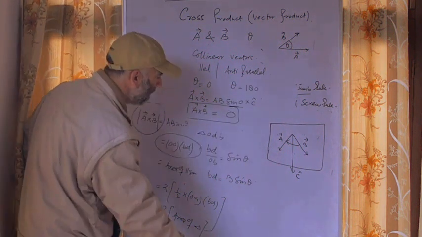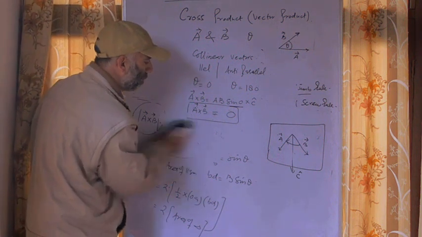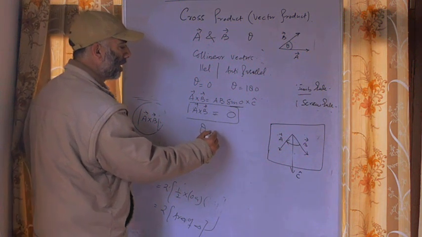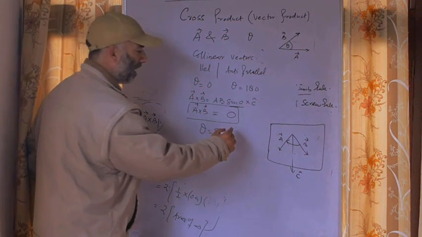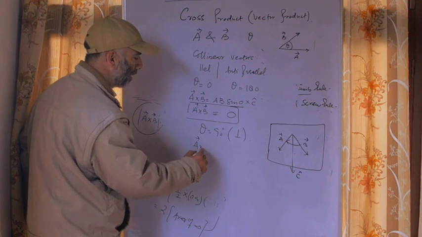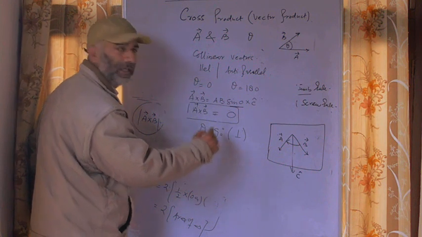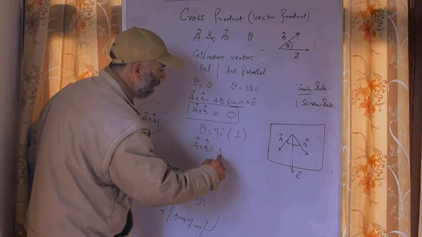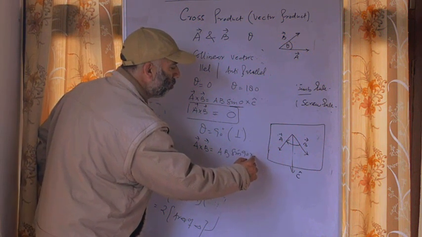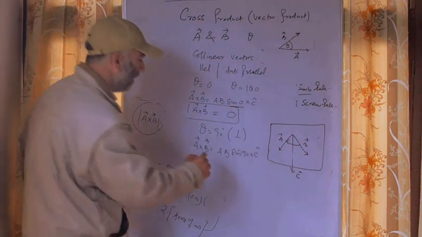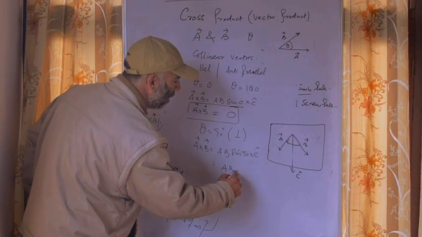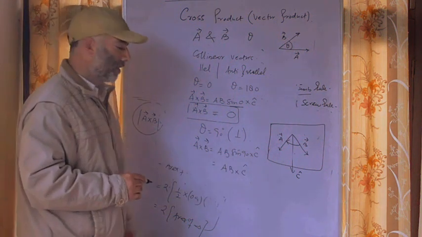While in case of perpendicular vectors, if theta is equal to 90, the vectors are perpendicular and the cross product between the two vectors is A cross B is equal to A B sine of 90 into unit vector C. That is equal to A B, sine 90 is 1, into unit vector C. What is the function of this unit vector?